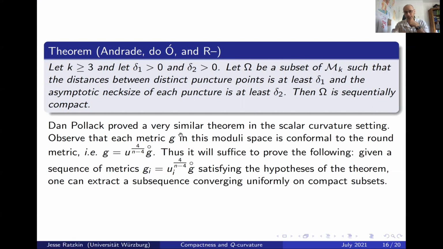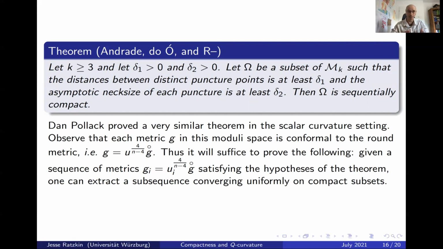So our theorem here is very similar to a theorem Dan Pollock proved in the scalar curvature setting. And in fact, our proof is very similar to his proof. We'll see this in more detail later on, but it will suffice to show that I can extract a subsequence of these conformal factors.